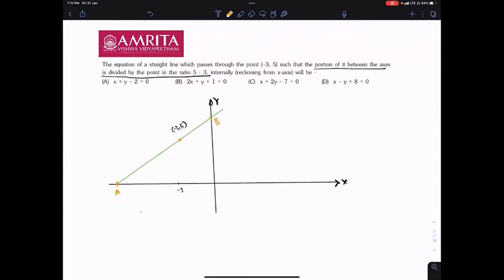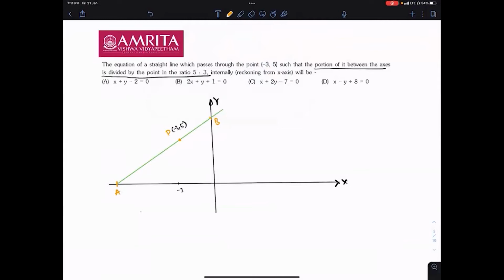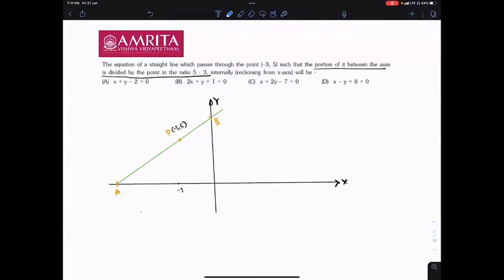This point only. In what ratio? 5:3 from the x-axis. So that means PA by PB must be 5/3. Then what should be the equation of that line?